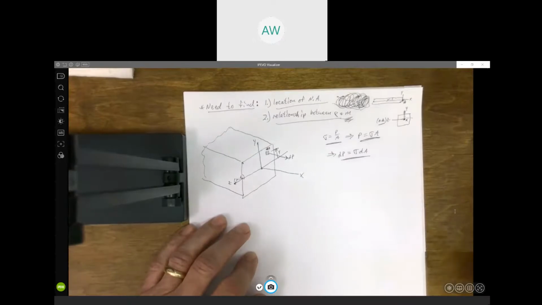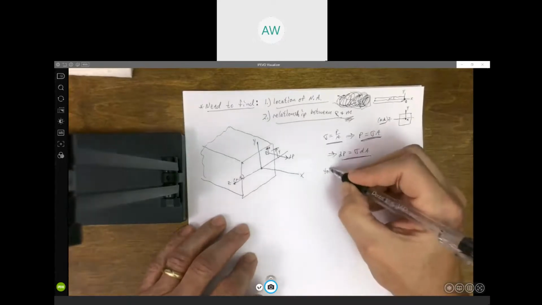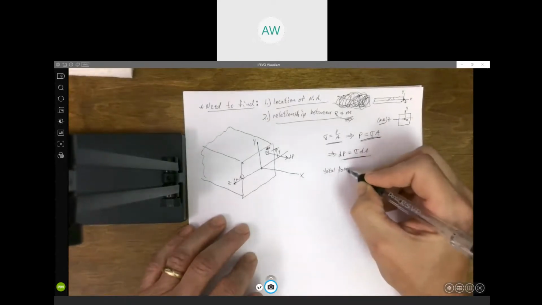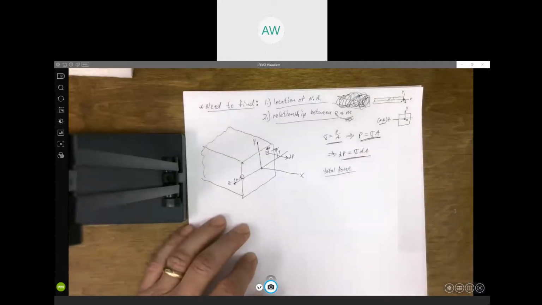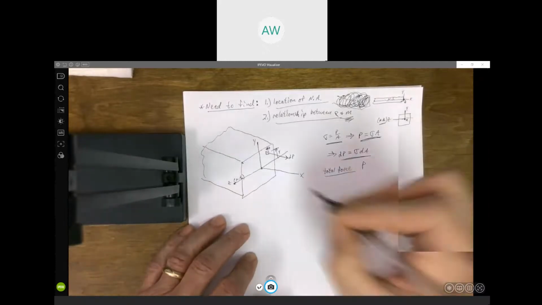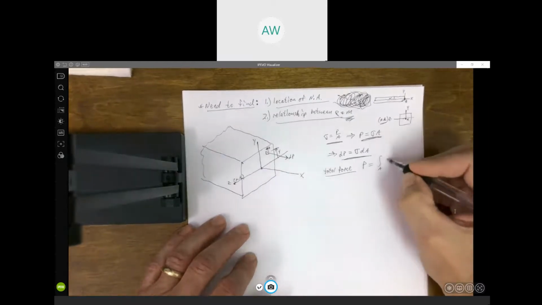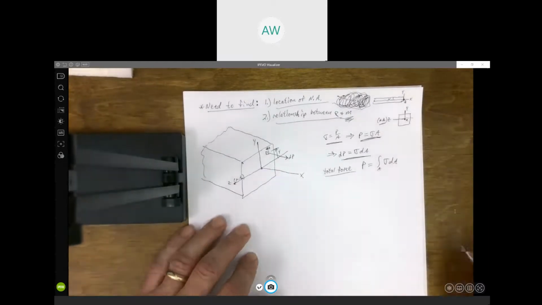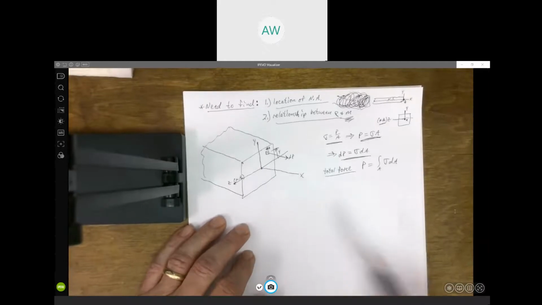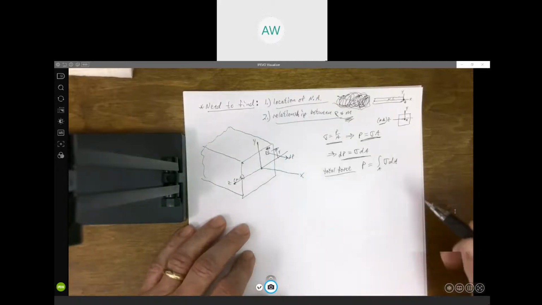If we want the total force P acting on that cross-sectional area, we just integrate. We add up all those little differential forces dP, and that would be the total force P acting on that surface area.